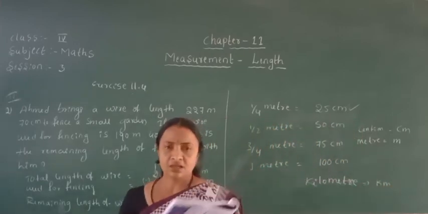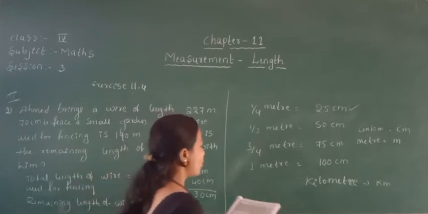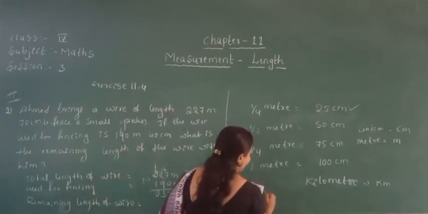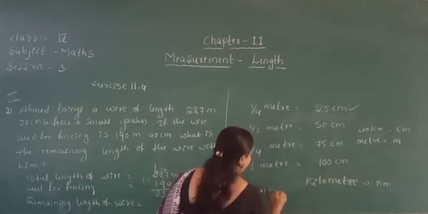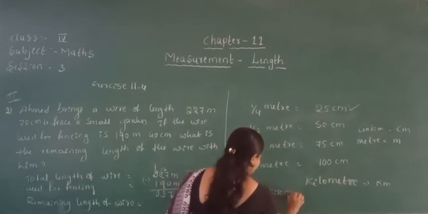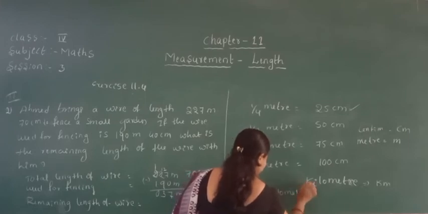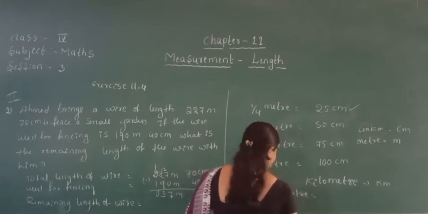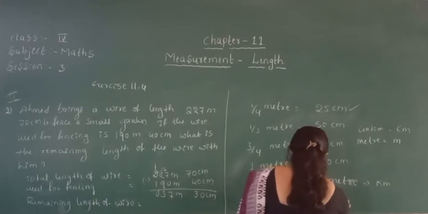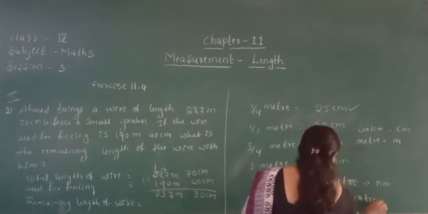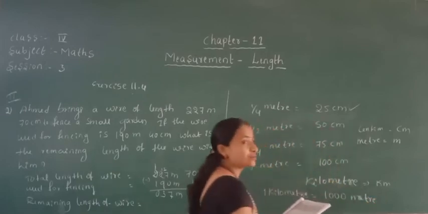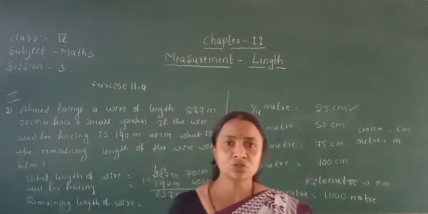Understood? So 1 meter is equal to 100 centimeters. And 1 kilometer is equal to 1000 meters. Yes, understood.